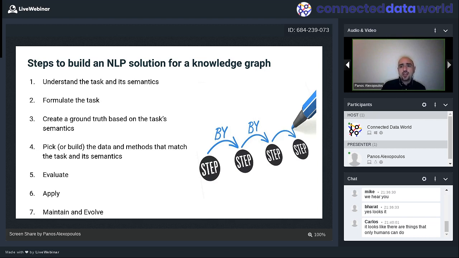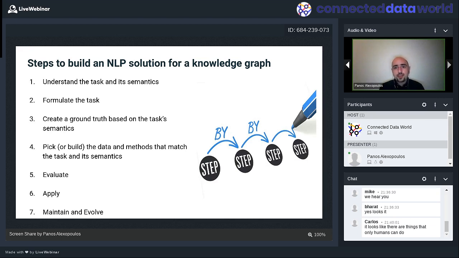Okay, the relation is named is essential of between professions and skills. What exactly does it mean, right? When it is true and when it is not. Then we can formulate the task, and third, we can create a ground truth based on the task semantics. Ground truth would mean that we need to have usually positive and negative examples of when something is true or false, right?